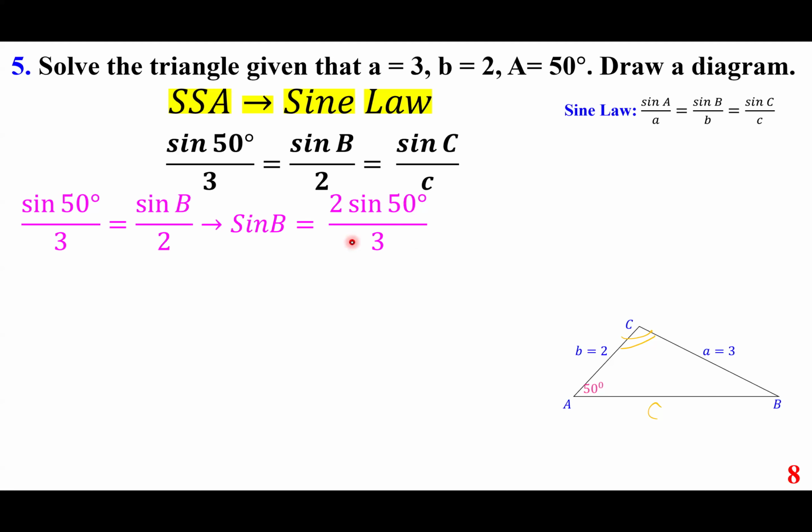So sine B becomes 0.511, and B becomes the sine inverse of this number. When we put it into a calculator, it gives us 30.7 degrees.